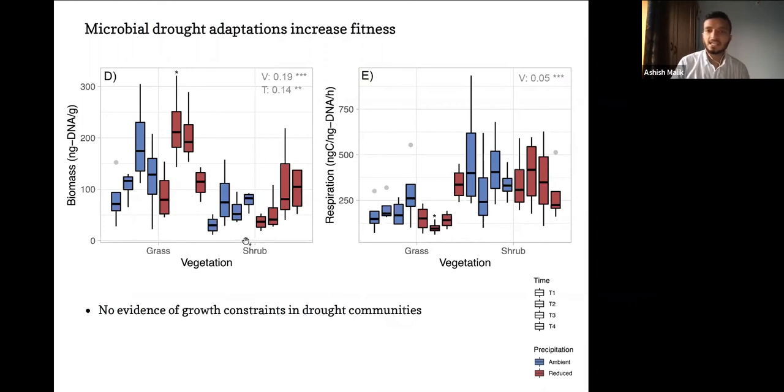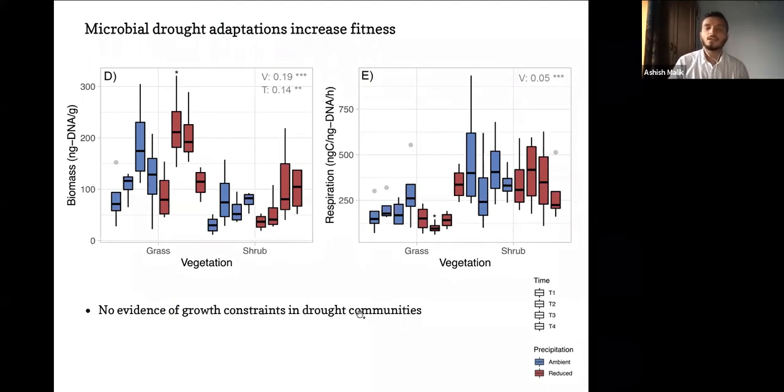And what we see here again is that there is no significant difference across the precipitation treatments, but we see that in the shrub communities, the biomass is lower, and the QCO2, or the biomass-specific respiration, is higher, which again signals that there is higher physiological constraint in these shrub communities because the substrate is more complex, which is why they are growing slower, the biomass is lower, and they are respiring a lot more per unit biomass because there is a lot more maintenance respiration happening because the substrates are a bit more difficult to break down.